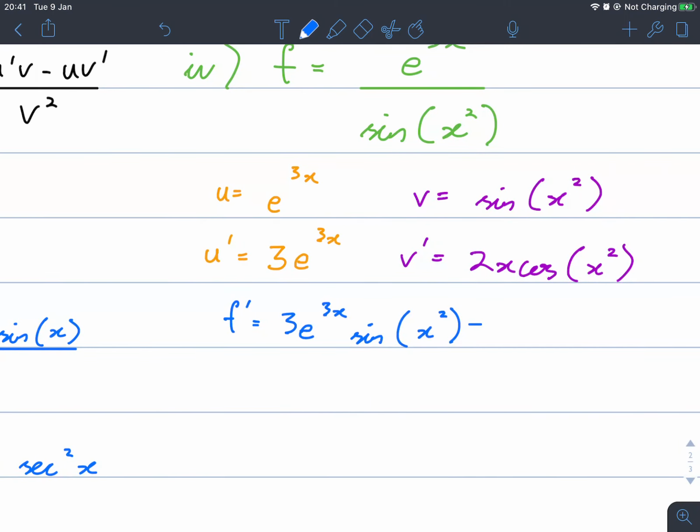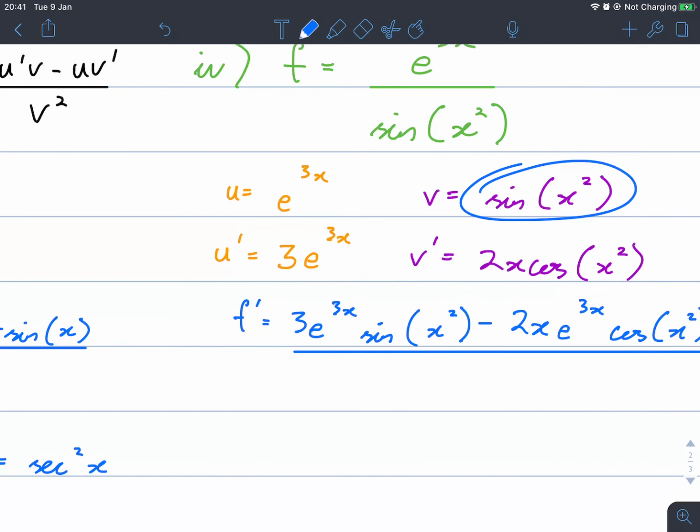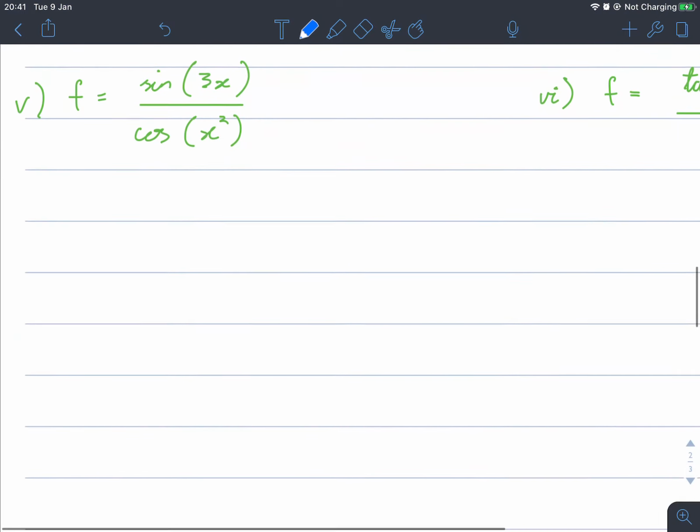This becomes 2x e to the 3x cosine of x squared, all over v squared, which is this one here, so that becomes sine squared x squared. Last two examples here.